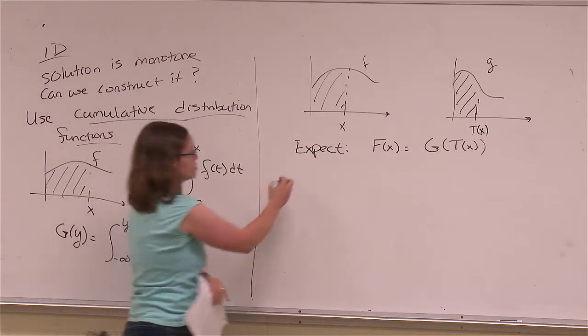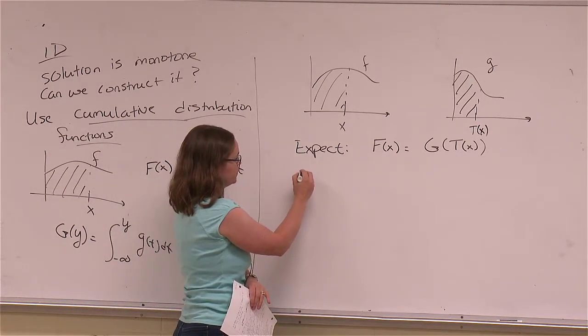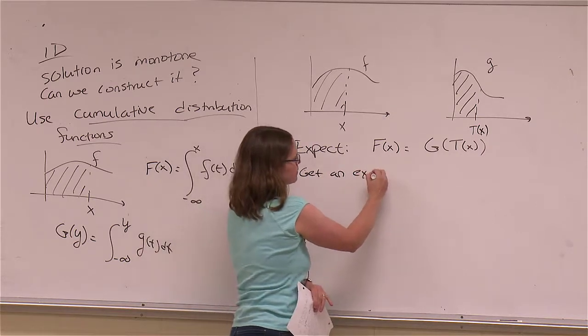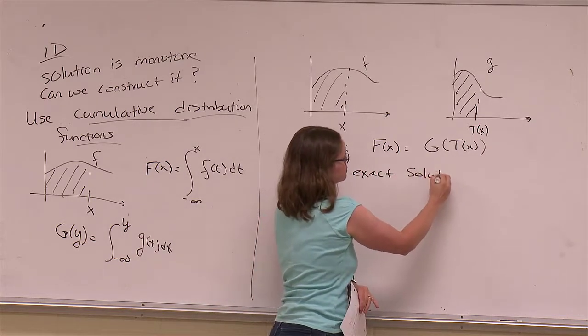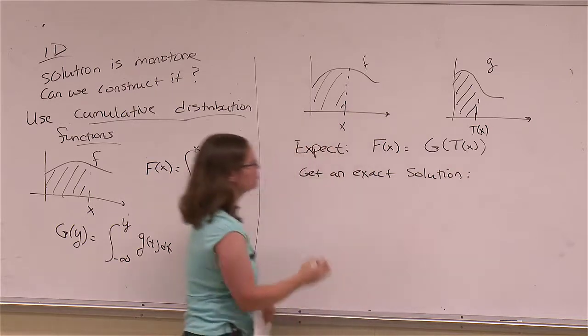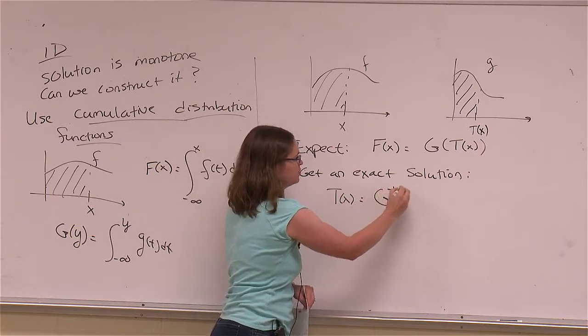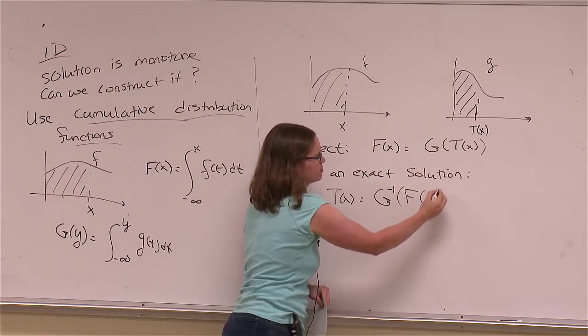Okay? And this actually gives us an exact solution. Okay, so t of x we can write as capital G inverse of capital F of x.